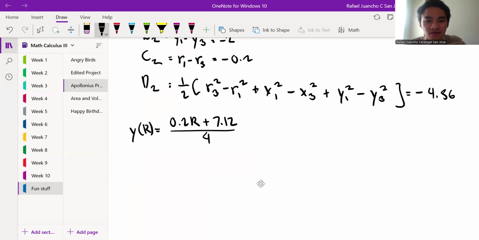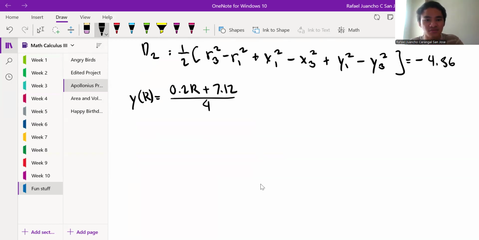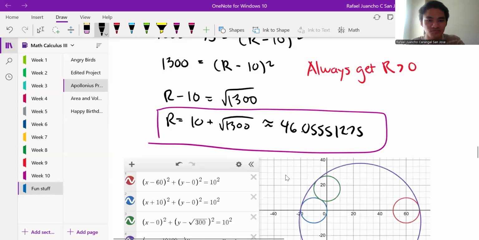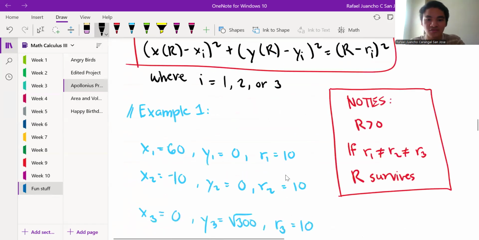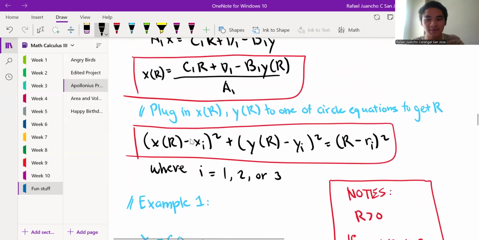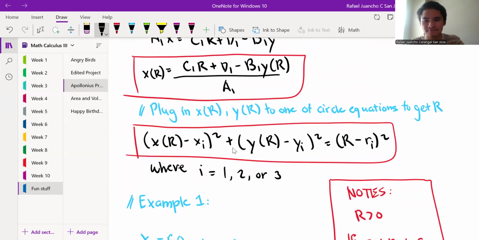Okay. What else? Now let's solve my x of r. Because I was able to get nice formulas because the radiuses were the same, right? Oh, I just realized why it will work that way. It is because the radiuses are the same.